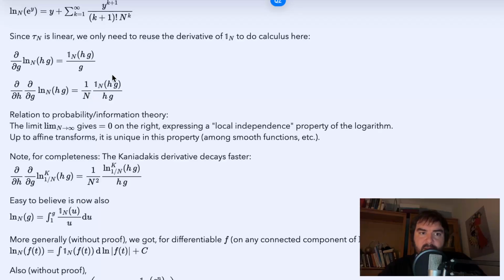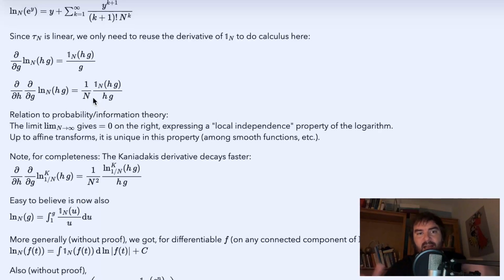For n to infinity, this is 0, and this is one of the debated aspects in the axiomatization of the entropy. This was a motivation why I even started writing the notes on this. You see that the second derivative in two different directions of the product of the logarithm is not exactly 0, only for the limit n to infinity.